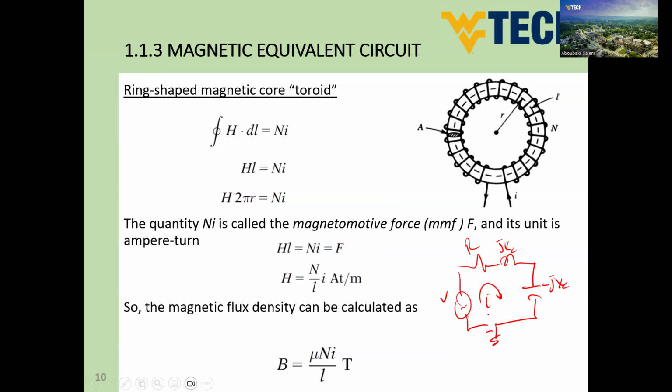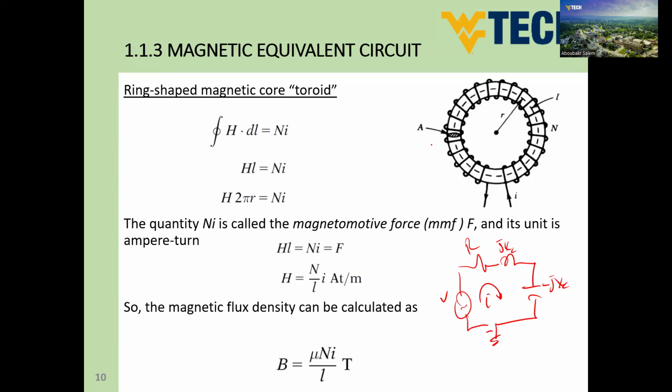However, if we have a transformer or a motor, and all the material of the motor is like that, how can we make the analysis? In order to analyze any electromechanical or electromagnetic device, we have to convert the magnetic circuit into what's called an equivalent circuit.